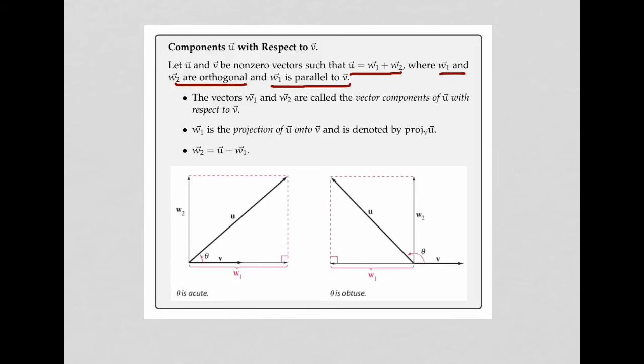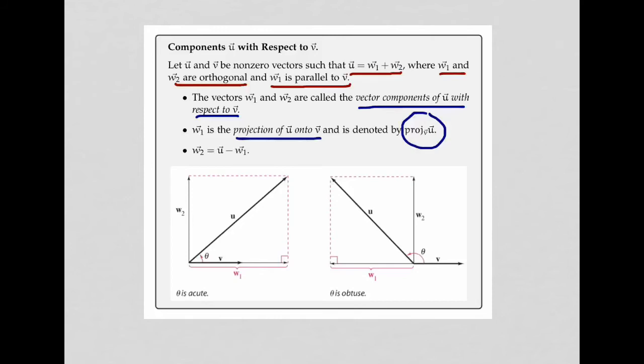We call w1 and w2 the vector components of u with respect to v. We call w1 the projection of u onto v, and we denote it by projection of u onto v, like so.